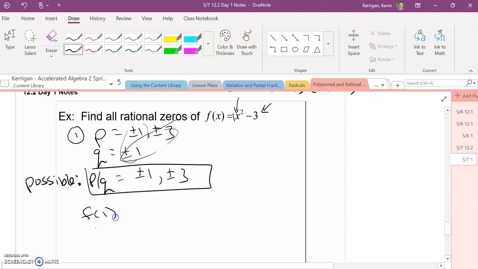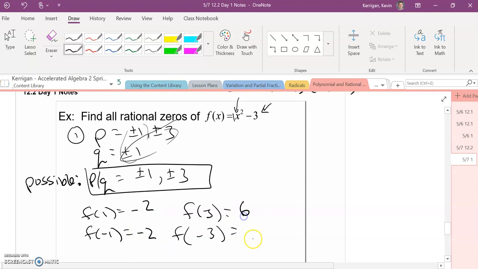I now need to find f of 1, f of negative 1, f of 3, and f of negative 3. I'll save you the suspense. F of 1 is negative 2, so is f of negative 1. F of 3 is 6, and so is f of negative 3.